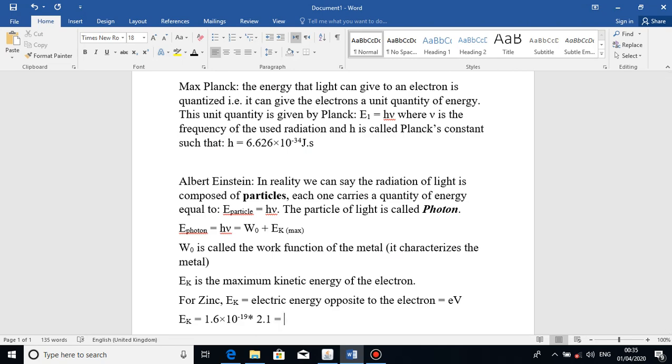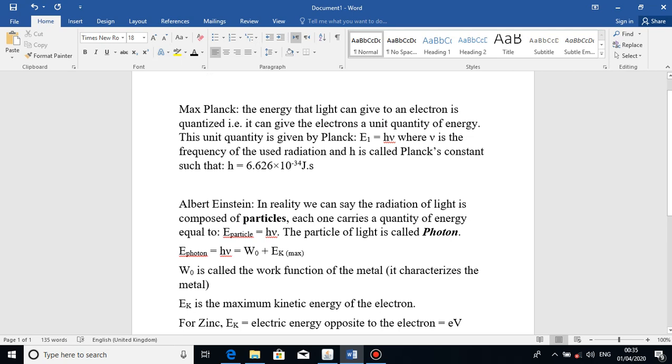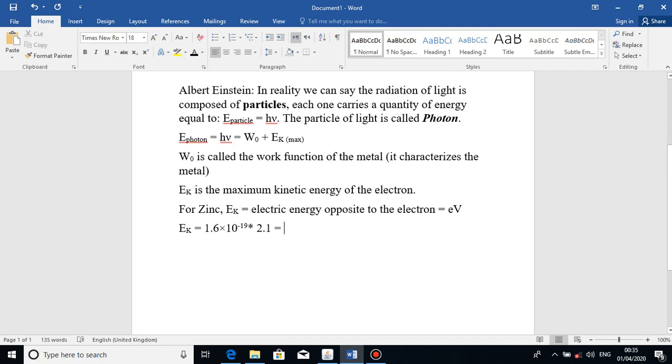And now this is equal to 3.36 times 10 to the power negative 19 joules.